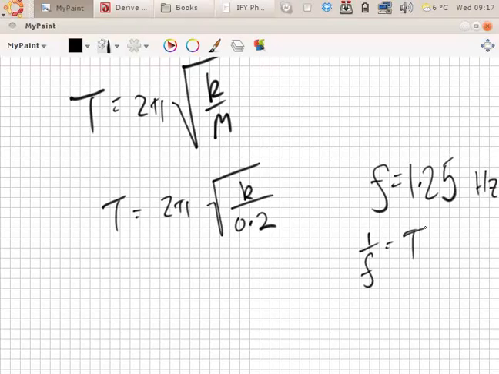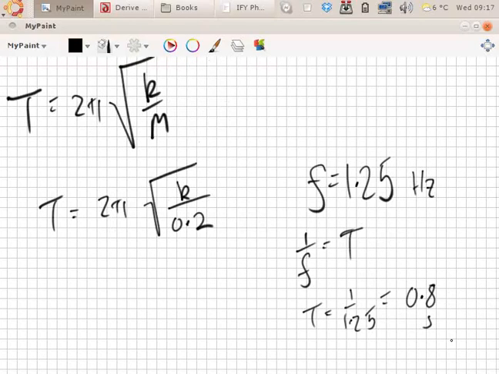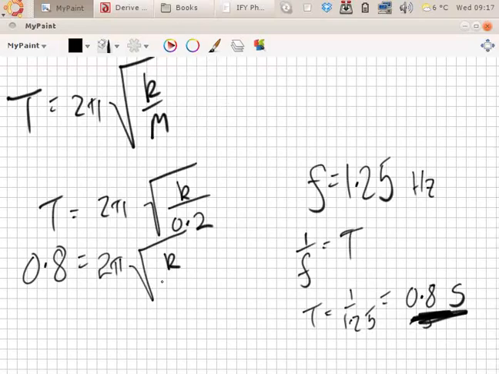Anyways, 1 over f equals T. So here, T would equal 1 over 1.25, which would be 0.8 seconds. So I can go back here and say 0.8 equals 2 pi root k over 0.2, and I can get the k now.